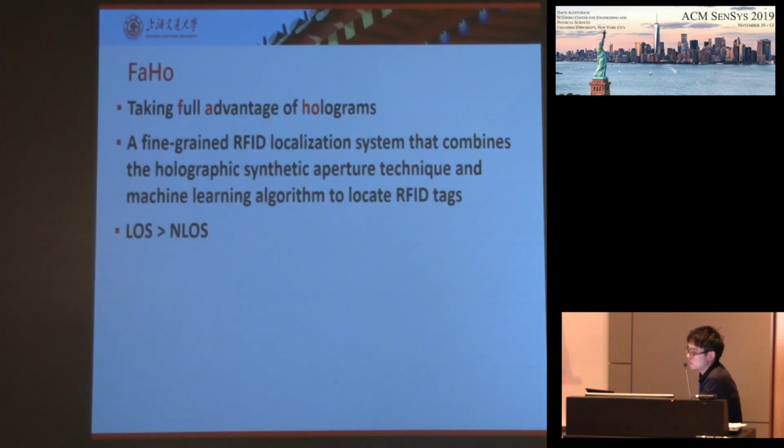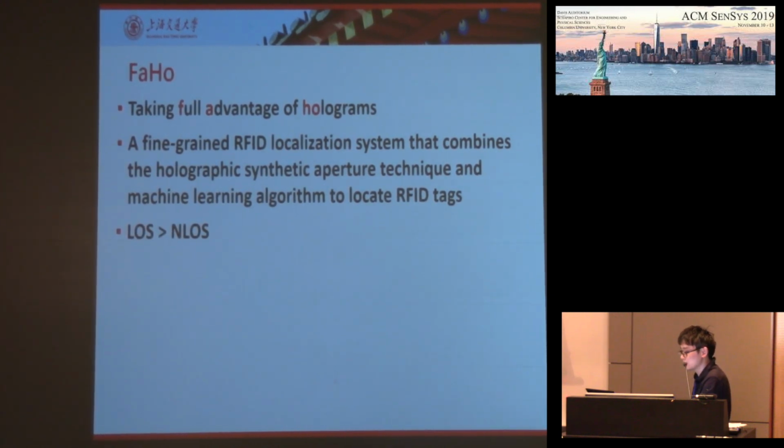Based on this point, we propose FaHo, which means take full advantage of holograms. It's a fine-grained RFID localization system that combines the holographic synthetic aperture techniques and machine learning algorithm to locate RFID tags. In our system, we assume that line of sight signal is stronger than non-line of sight signals.